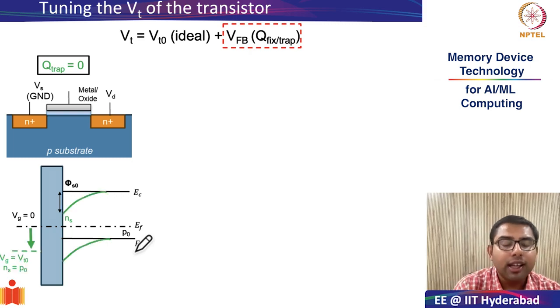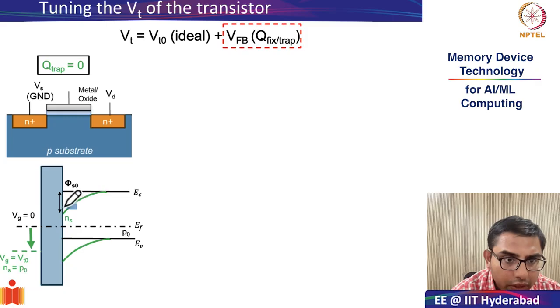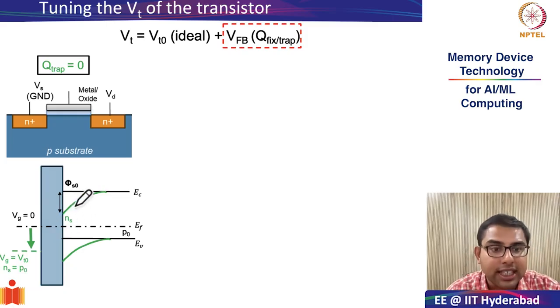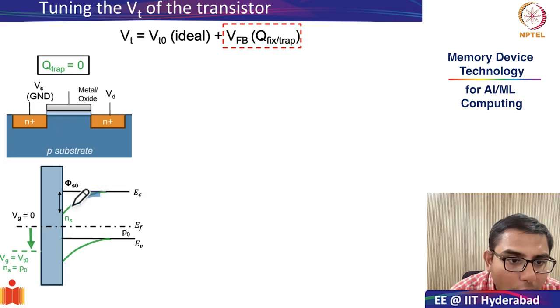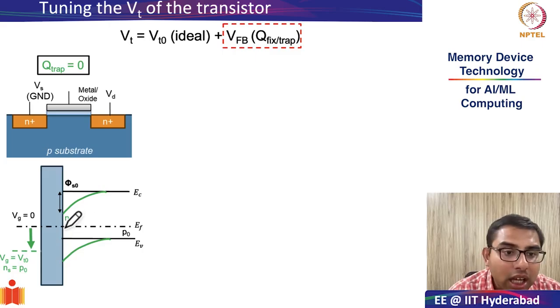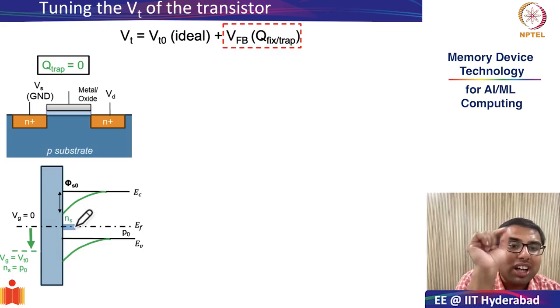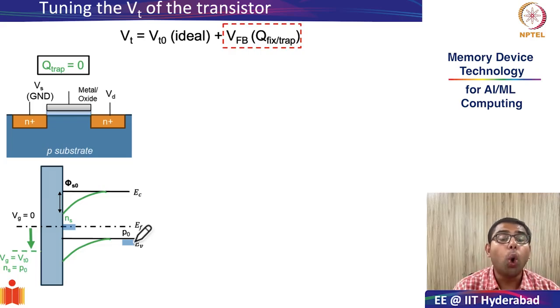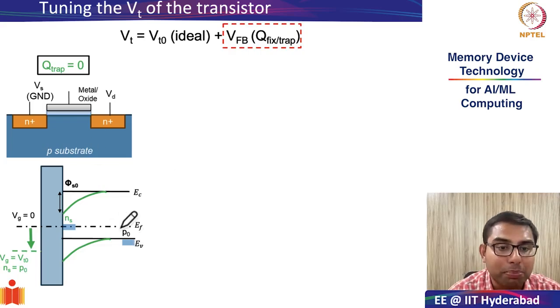Now what we do is we apply sufficient gate bias such that the bands bend and the number of electrons at the interface, ns, or the number of electrons at the surface, is equal to the number of holes in the bulk substrate.